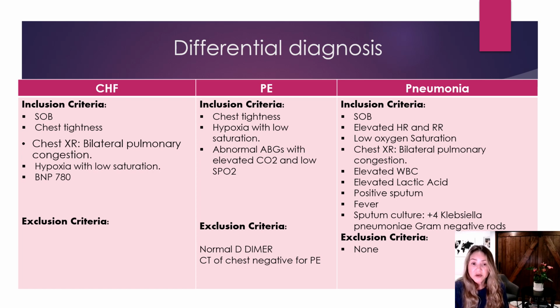To do this, we have to have a great understanding not only of the disease process and the signs and symptoms, but also of the labs and any diagnostics that need to be done in order to evaluate what the patient has and for the doctor to write down the admitting diagnosis. When the patients come to the ED, they can come with shortness of breath, difficult breathing, chest tightness, congestion, hypoxia, low BP or high BP, and low saturation.